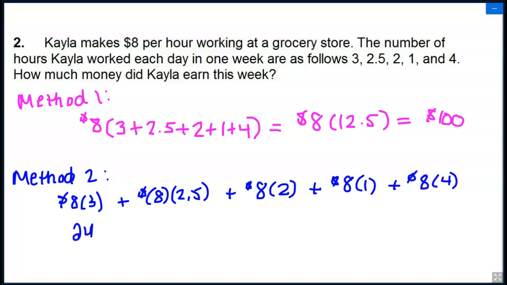So she made 24 one day. She made 20 the next day. She made 16 the third day, then 8, and then 32, for a total of $100.